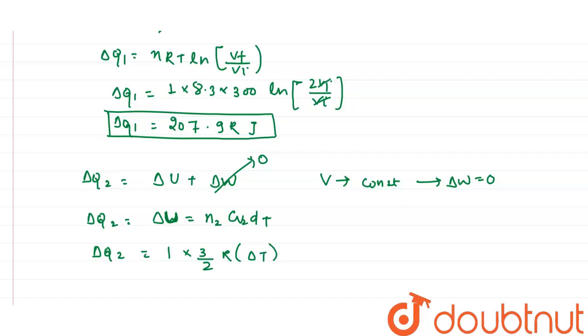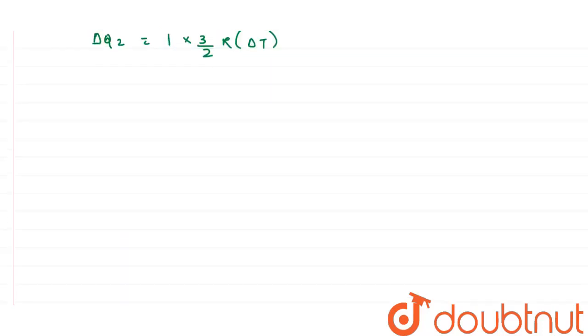Now from the question we know that delta Q1 is equal to delta Q2. We read in the question that the same heat is given to both vessels.